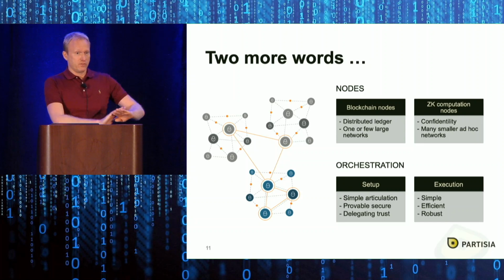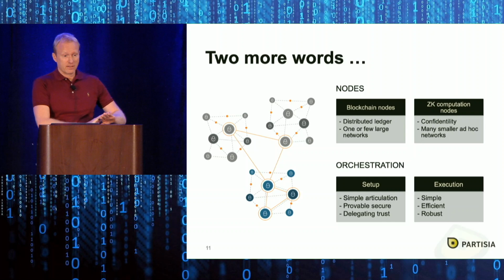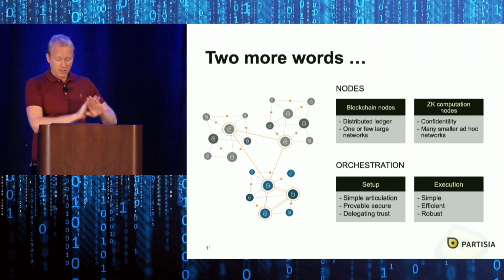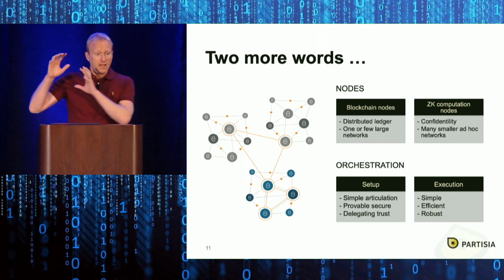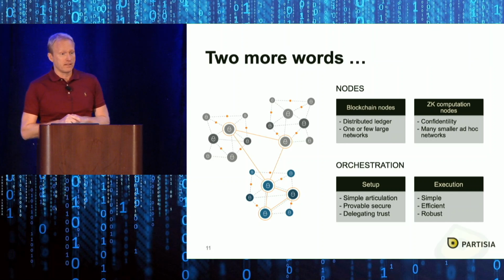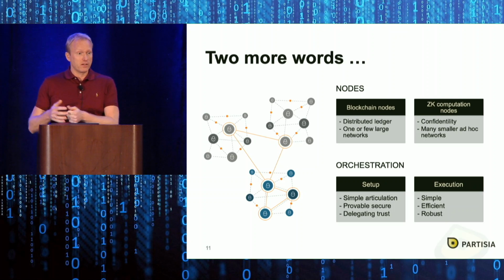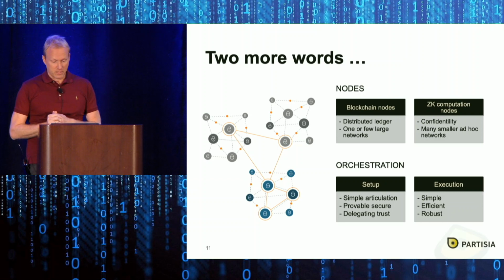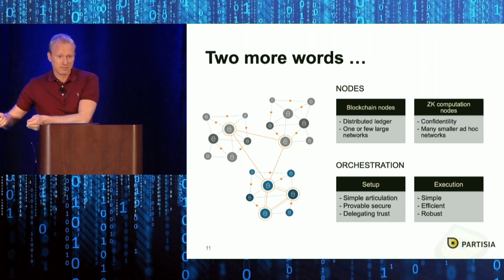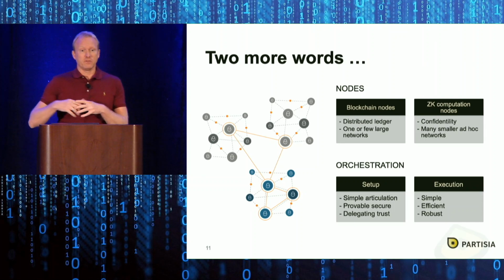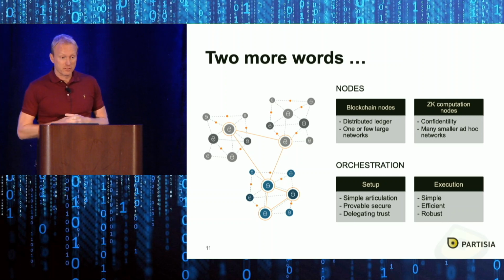Make it simple to come with your problem, get a provable secure protocol, delegate trust in the system, and then get an efficient, simple, and robust execution, which is what we have been working on for these past 10 years, and also meet other requirements than just getting it to run fast, like robustness, what happens if a node is not available, and so on.